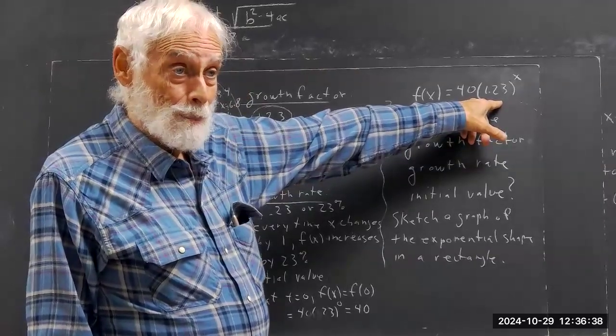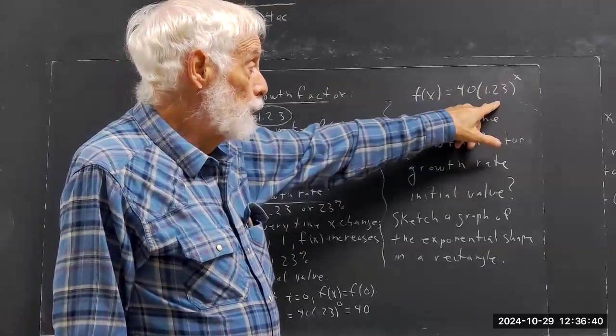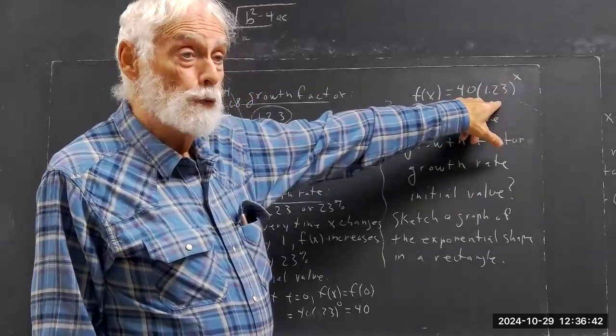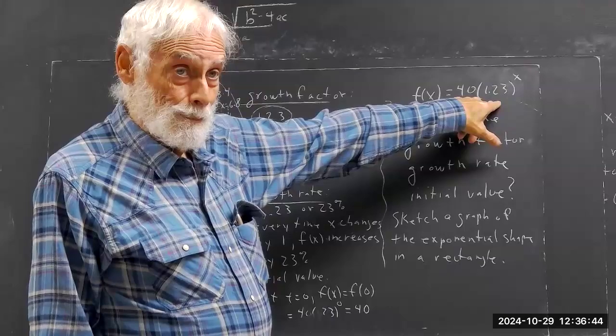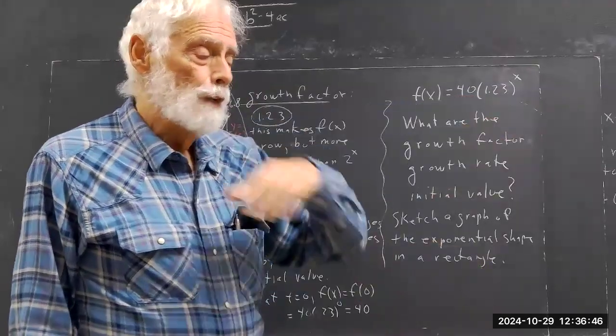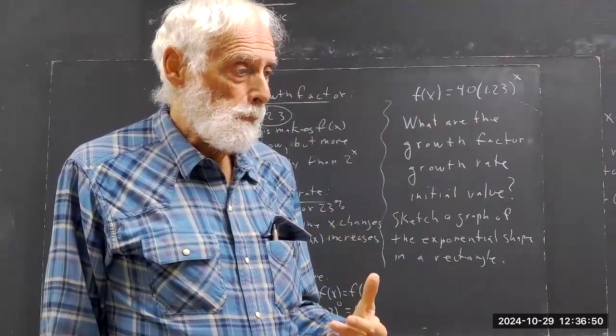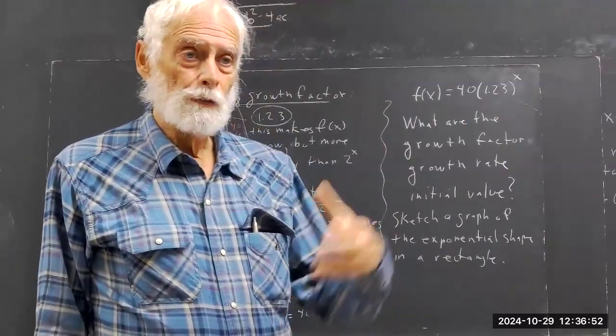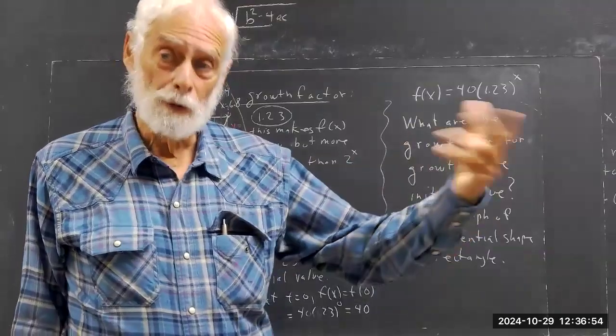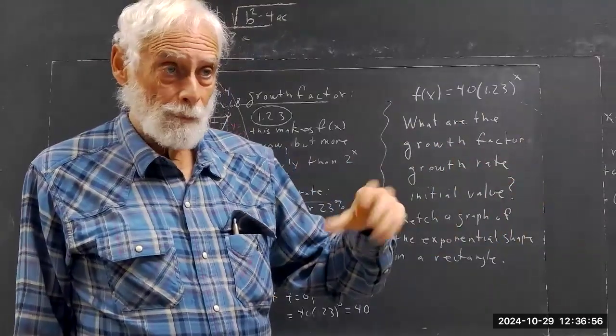That makes sense? Okay. Well, the 23% is what we call the growth rate. You know, if you invest your money at 3%, you don't do as well as if you invested at 5%, assuming it's a safe investment. Does that make sense?